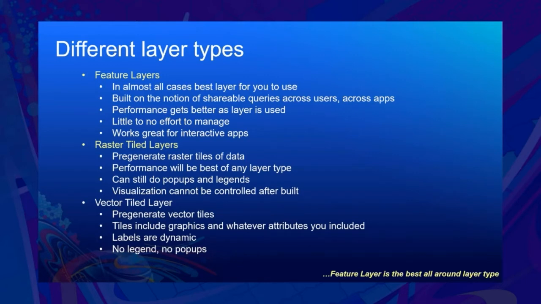And one other point to call out is that at 10.9, feature tiles are coming to Enterprise. And so a portal-hosted feature service at 10.9 will have the ability to do those same feature tiles. So you can get that same benefit on Enterprise, which again, on the web.